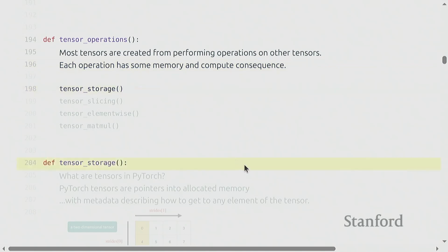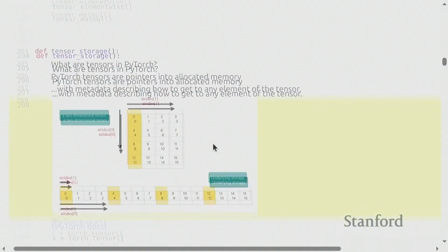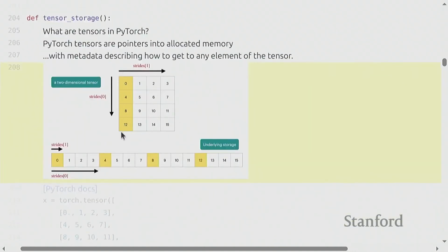So first of all, what is actually a tensor in PyTorch? Tensors are a mathematical object. In PyTorch, they're actually pointers into some allocated memory. If you have, let's say, a 4x4 matrix, what it actually looks like is a long array.